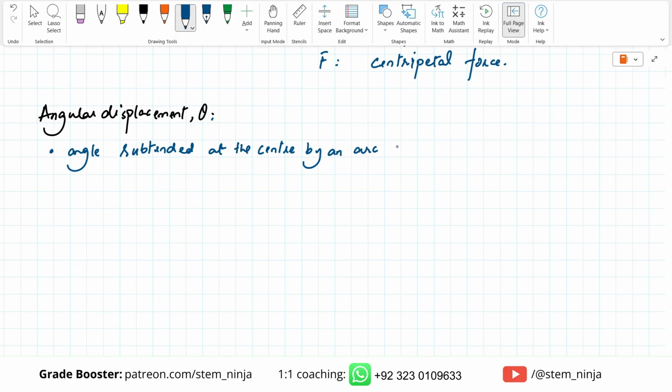That's it, the angle subtended at the center by an arc. You could also say that this is the angle swept out, or the angle through which an object moves during a circular motion.